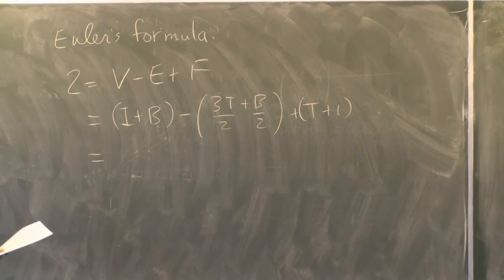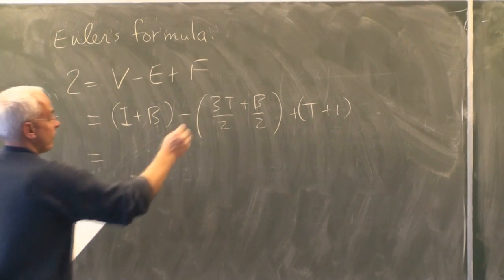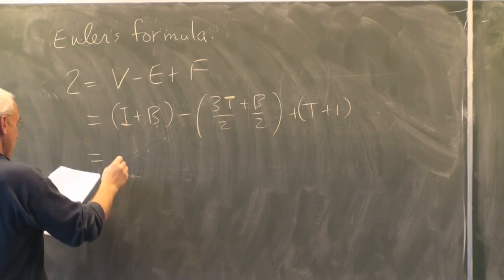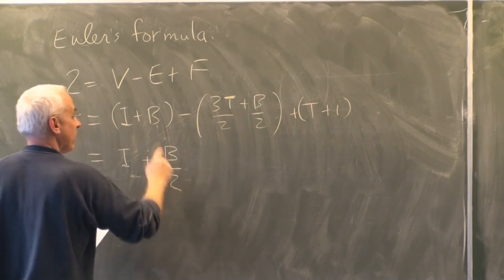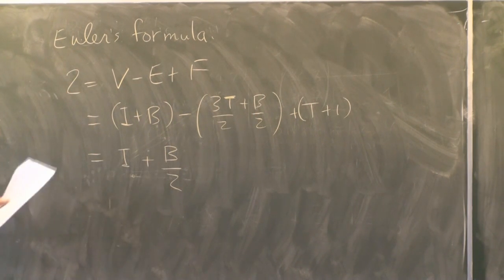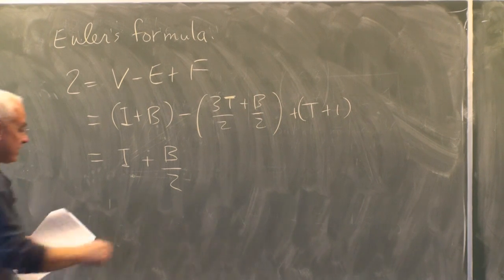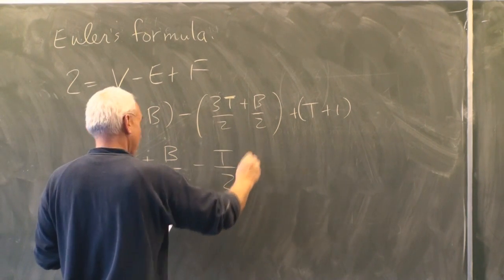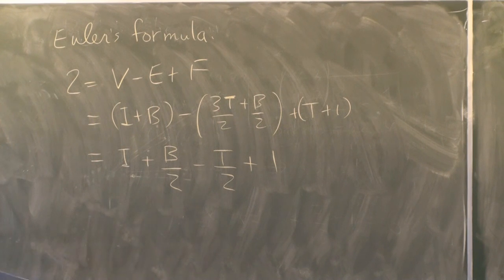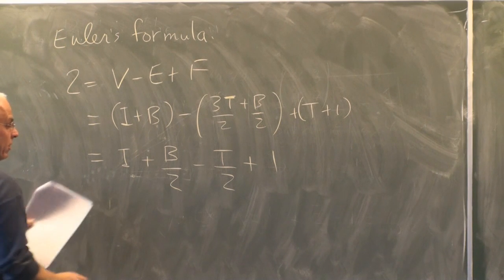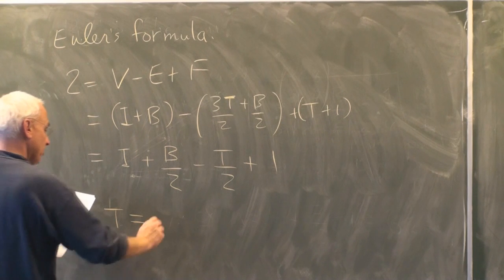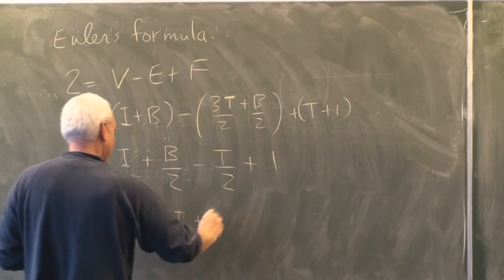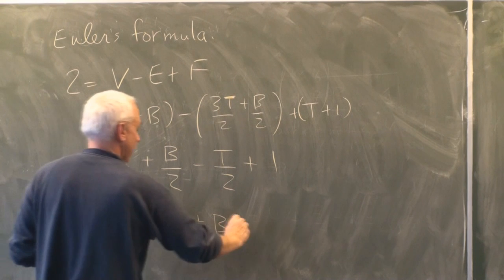And what does that all amount to? Okay, there's an I, plus B minus B over 2. And there's a T minus 3T over 2. That's minus T over 2, plus 1. And so the 2 and the 1 will simplify. We can bring the T to the other side. So we have T equals 2 times I plus B minus 2.